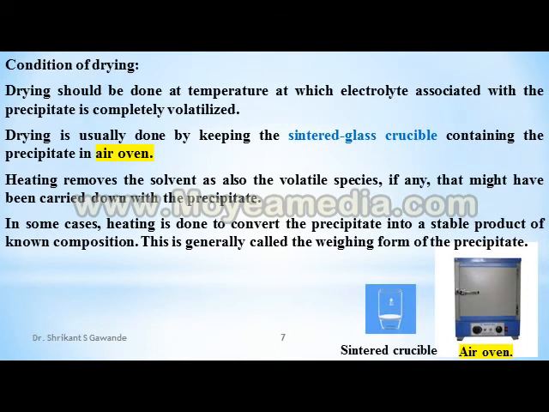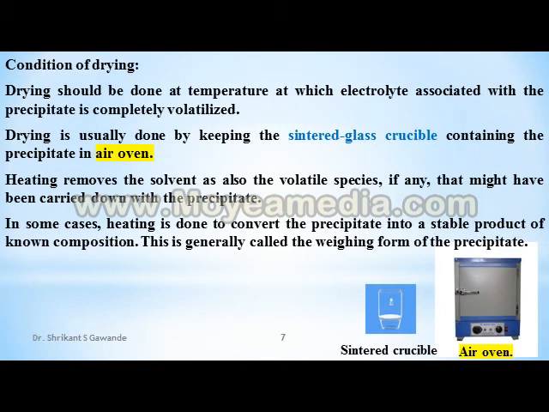Drying is usually done by keeping the sintered glass crucible, shown below in the diagram, containing the precipitate in an air oven.